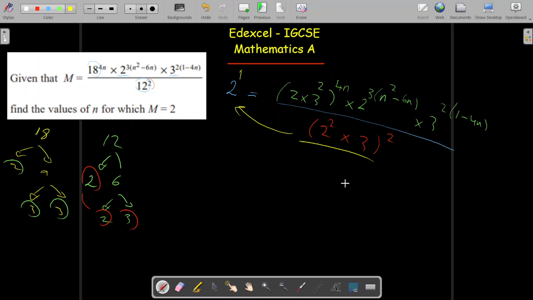So when you multiply 2 with the power of 1 and 2 with the power of 2, and don't forget the 2 outside of it, what's going to happen? This denominator is going to become 2 to the power of 4 multiplied by 3 to the power of 2, if you got what I mean. So the 2 to the power of 4 is going to go there.